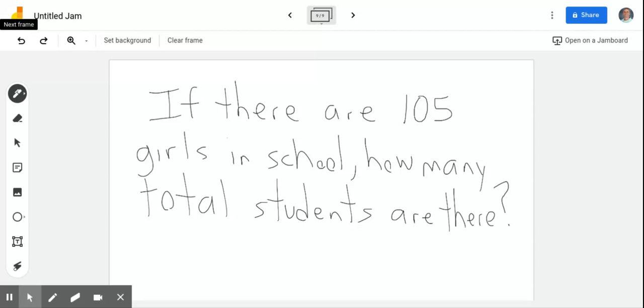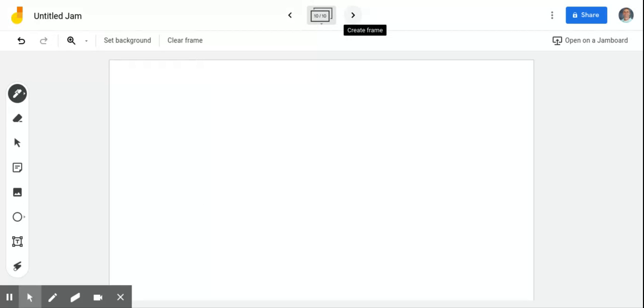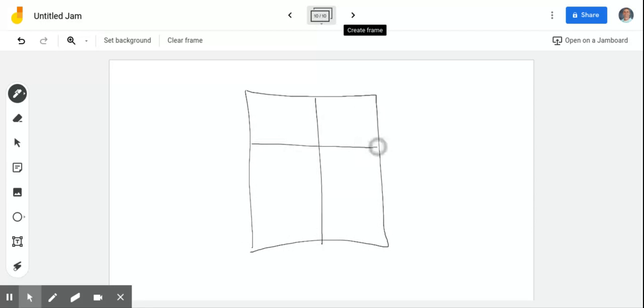All right, let's do this. Let's make us a ratio table, which is like this. And we're going to label it. I want to label girls, boys, and I hope you're writing this down with me.